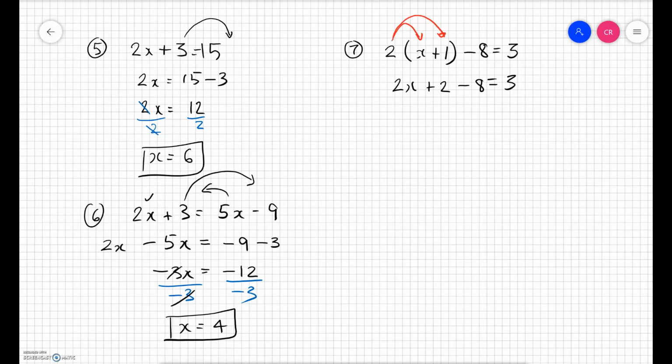So now we say 2x equals 3, the 3 stays, the plus 2 goes over as a negative 2, and the 8 goes over as a plus 8. All right? So what do we have now? We have 2x equals 3 minus 2, it's 1. 1 plus 8 is 9.